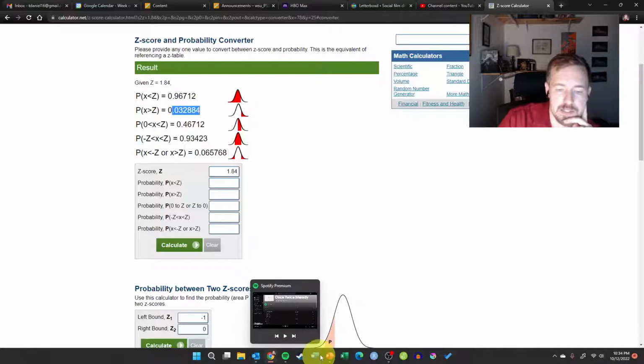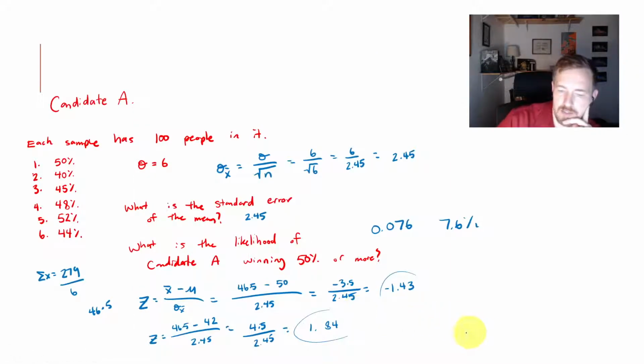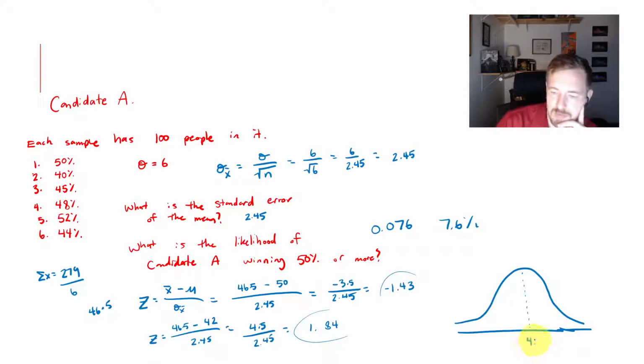So the likelihood that they score, we're drawing this out, so their mean is 46.5. What's the likelihood they get a 42? It's going to be way over here. I'm shading that part in. It's going to be a low value compared to 50, which is a little bit closer, right?